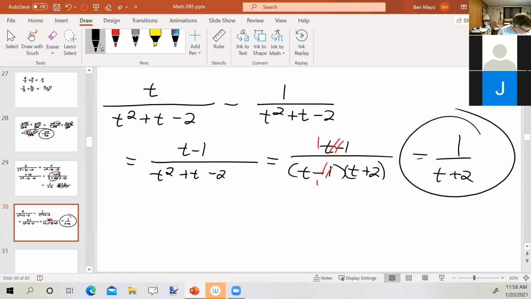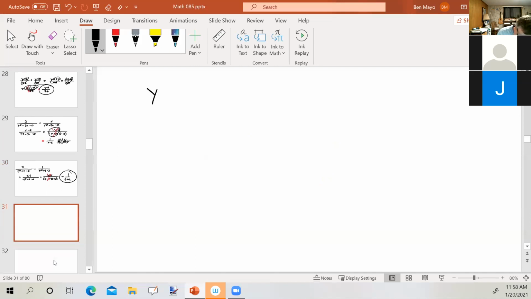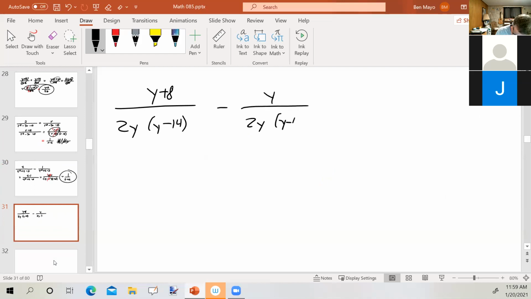Okay, let's see here. y plus 8 over 2y times y minus 14 minus y over 2y times y minus 14. So that would be y plus 8 minus y over 2y times y minus 14. Now, simplifying the numerator, the y and the minus y would cancel out.